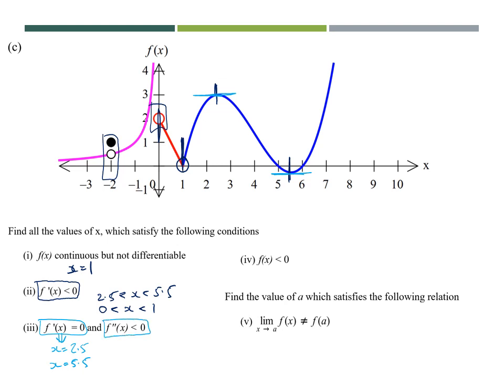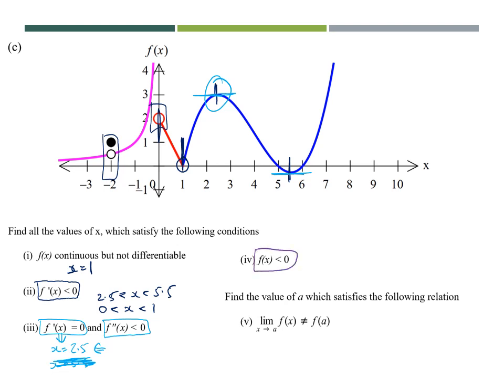But here we're talking about a second derivative less than 0, so it's concave down, a negative graph, which gives us our answer of just this one here. Hopefully that makes sense. I probably didn't explain that very well.